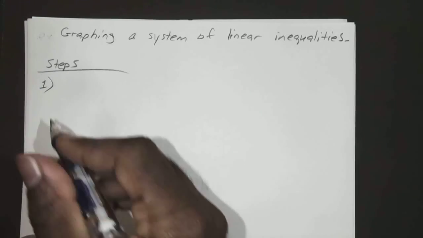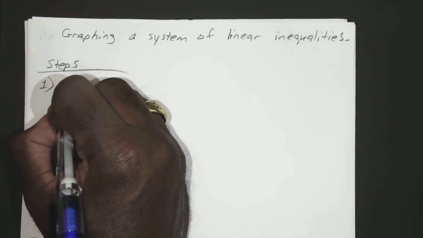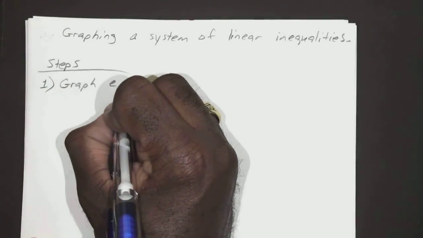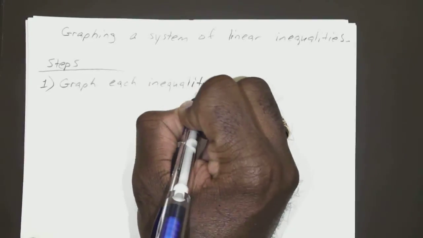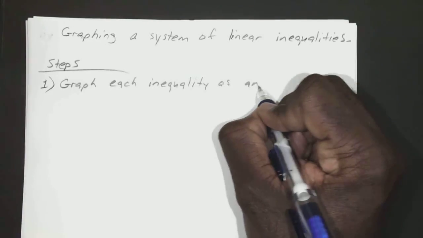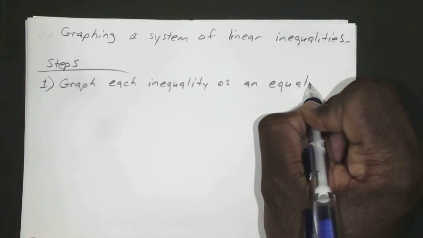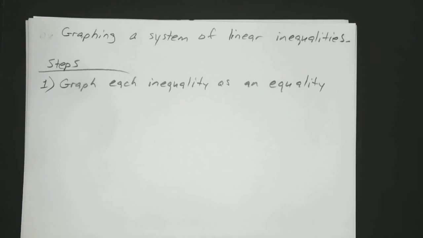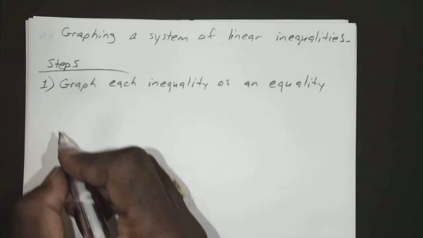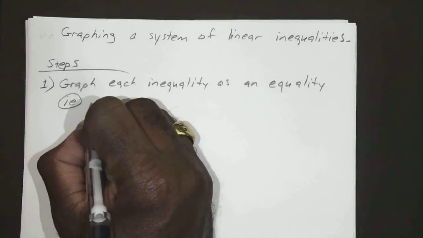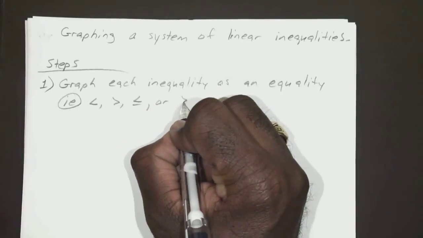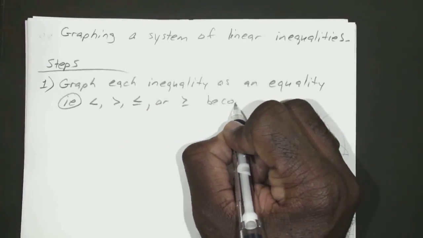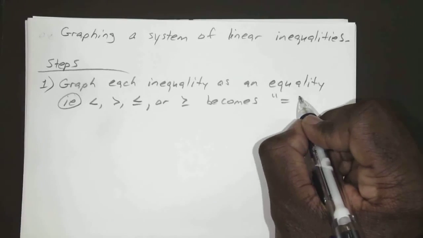You're going to graph each inequality as an equality. That just means all your less thans and greater thans will just turn into equal signs. Less than, less than or equal to, or greater than or equal to becomes equal.